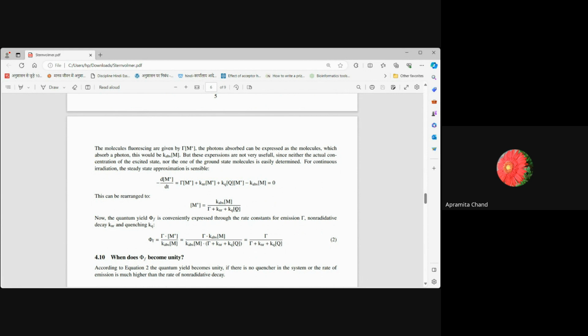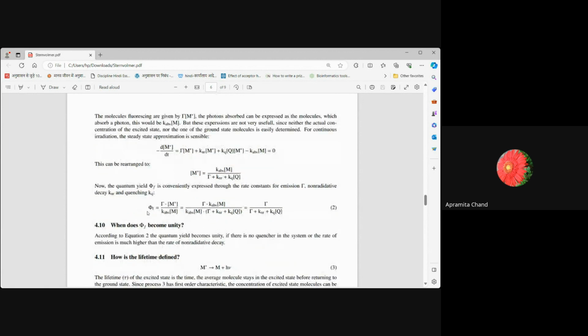This means that the quantum yield, capital phi f, is conveniently expressed through the rate constants: the rate constant for emission, then the rate constant for non-radiative decay, KNR, and the quenching rate constant, KQ.